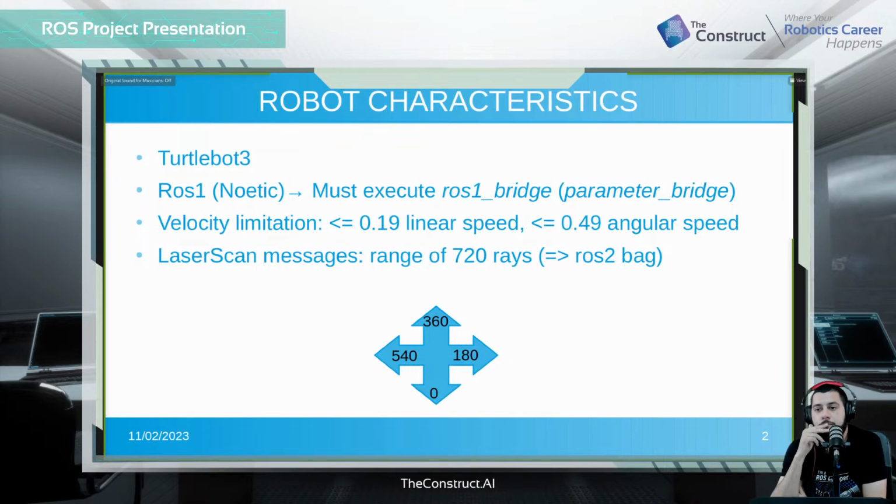Also, that's very important because you may have seen in other presentations, the laser scan data differs from the simulation. The simulation has 360 rays, and the real robot has a range of 720 rays.